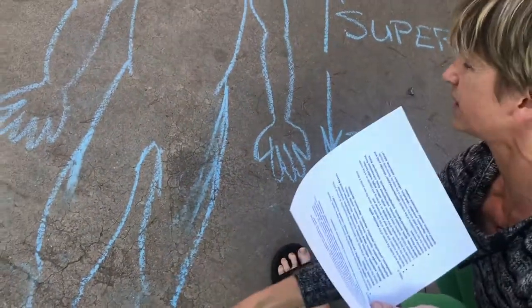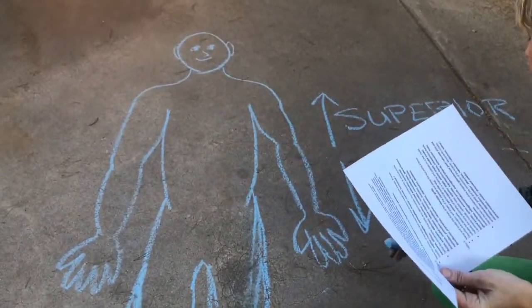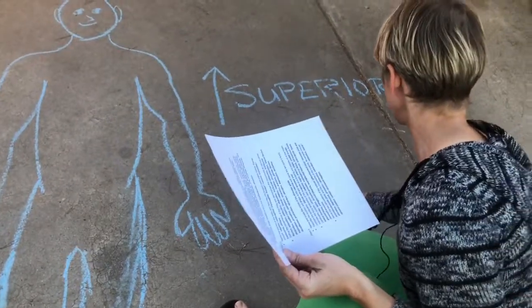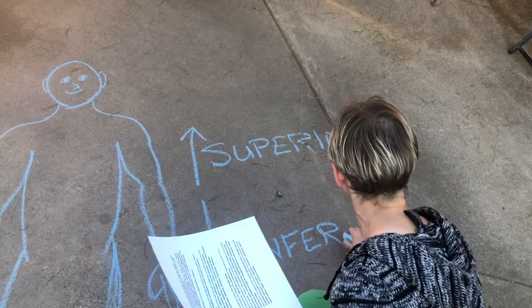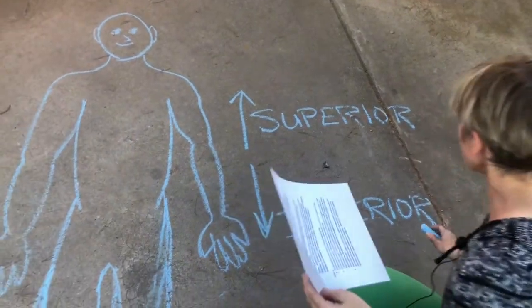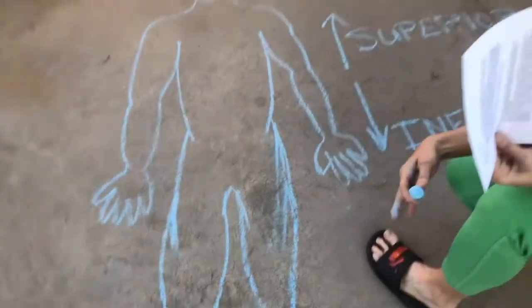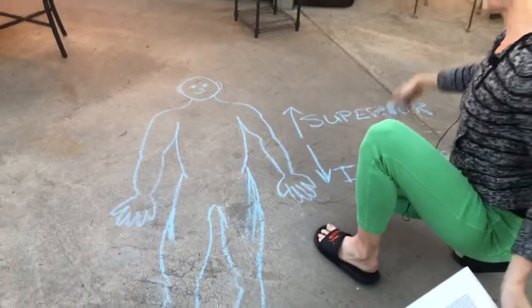It's more or less on the head and trunk: superior is going to be toward the head, inferior is going to be downward. Humans are bipeds, so we stand up on 2 feet, so superior is up toward the head and inferior is down in the opposite direction, toward the feet.